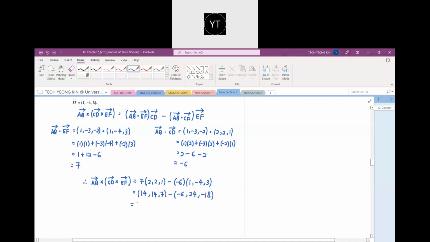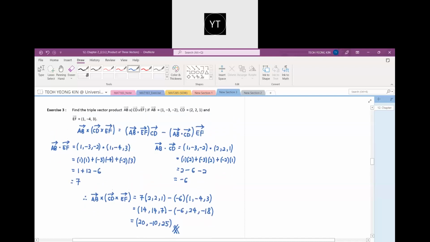So from here, 14 minus negative 6 means 14 plus 6, which is 20. 14 minus 24, here we shall have negative 10. And finally, 7 minus negative 18 means 7 plus 18, so here is 25.